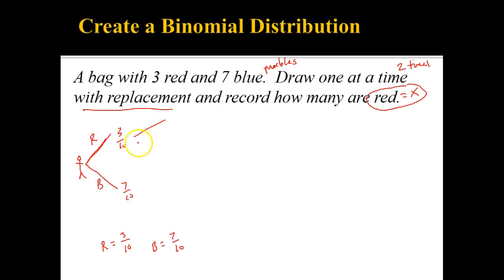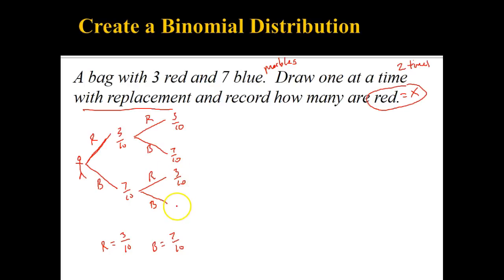You have to draw 2 times, so we have 2 more choices. The second choices are the same as the first. We could either draw a red or a blue. The probabilities are the same, 3 out of 10 or 7 out of 10. And we have to draw those choices from both branches of our tree from our first choice.